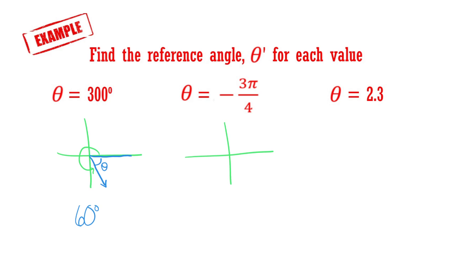But it's negative, so I'm going to back up that much. And so it's this angle right here. That's what the angle is, but that is not an acute angle. So to do the acute angle, I'm going to go to the x-axis right here. It would be this one right here.